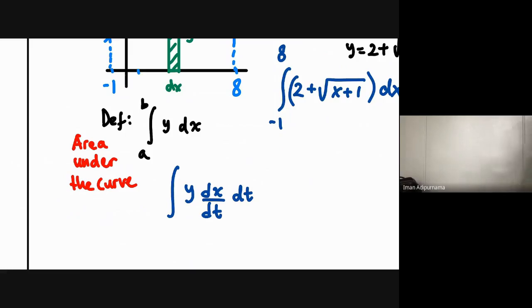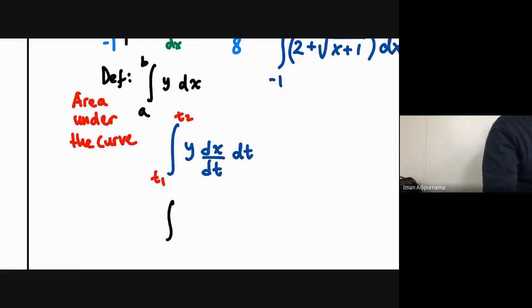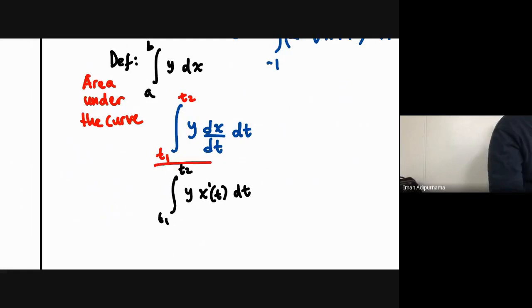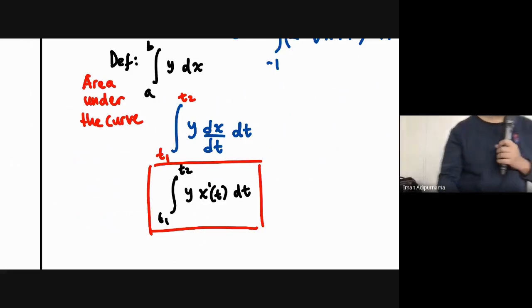So we can write this, let's say this is t1, t2. Or we can simply write this as the integral of y times x prime of t, and then dt. This is the parametric definition for the integral.